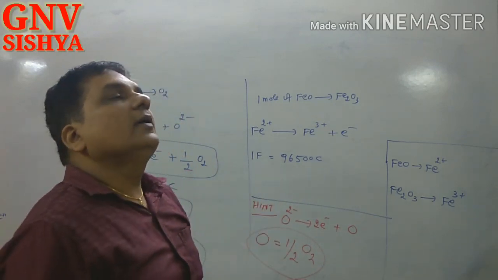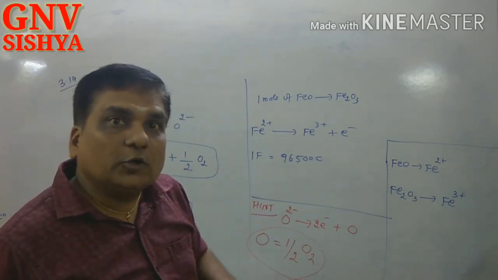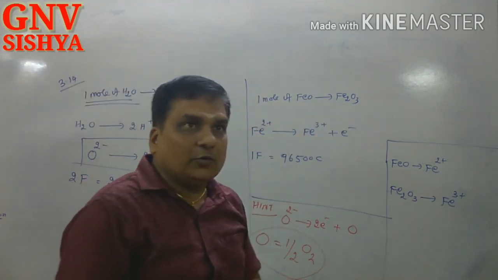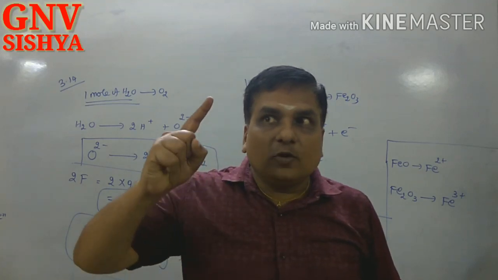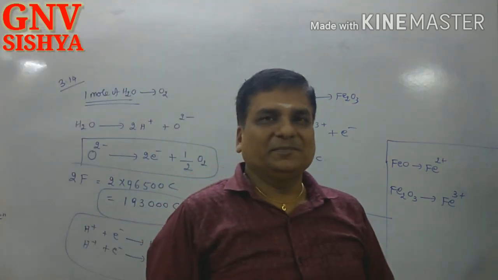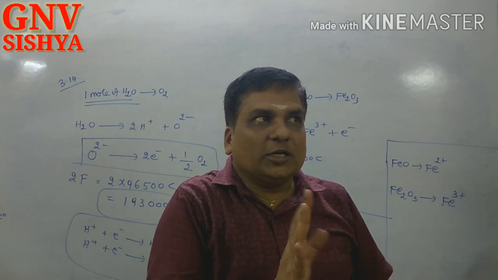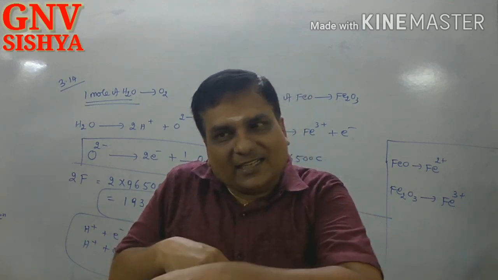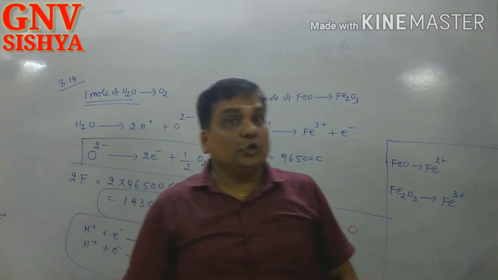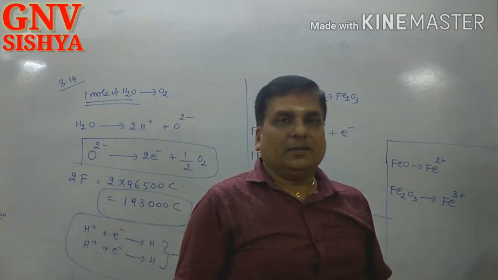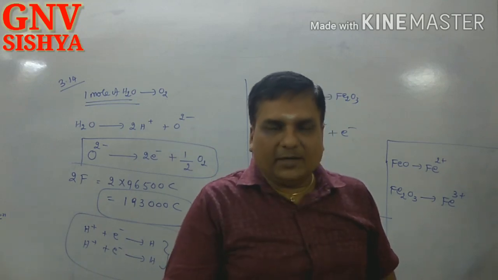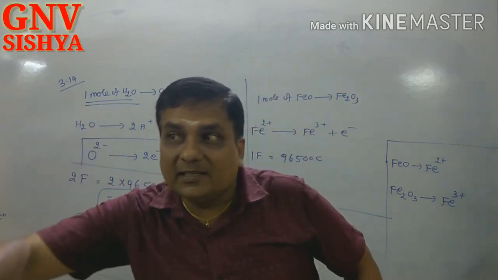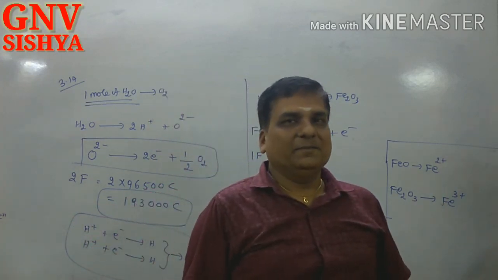Suppose the question is, calculate the quantity of electricity required to obtain 1 mole of oxygen, or to obtain 1 mole of Fe2O3, then we focus our attention on the product. Here the question is not product centric, the question is reactant centric. You should not be eccentric. Remember, this is very important. The question is based on the reactant side, not on the product side.